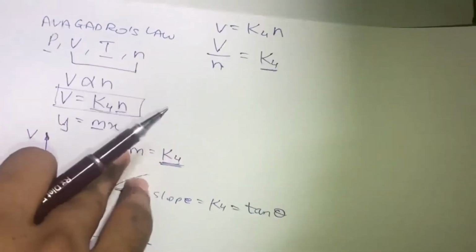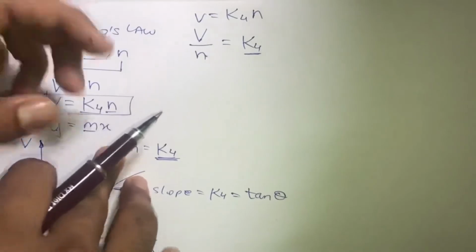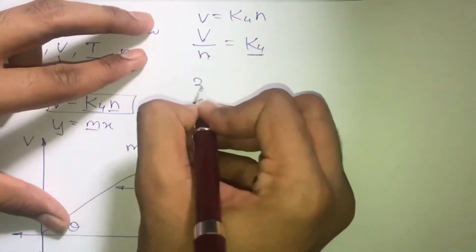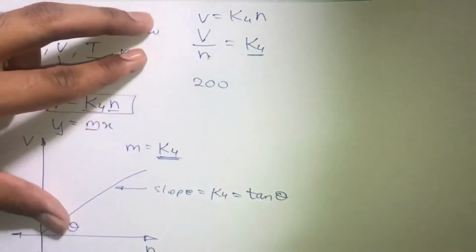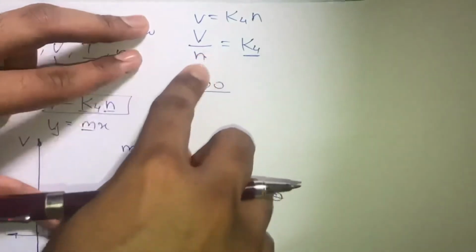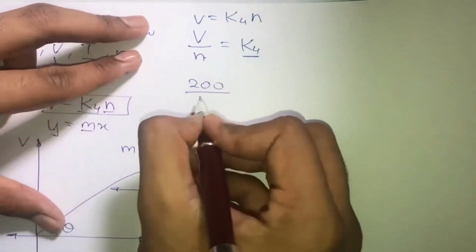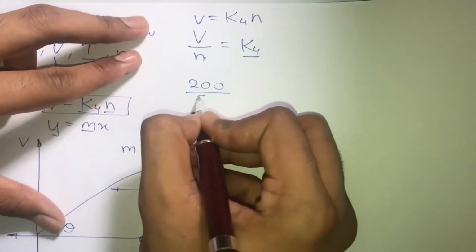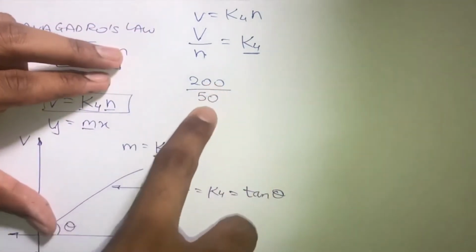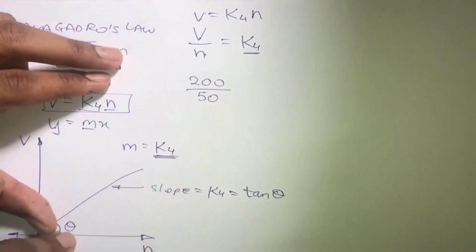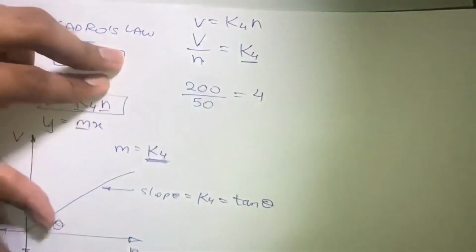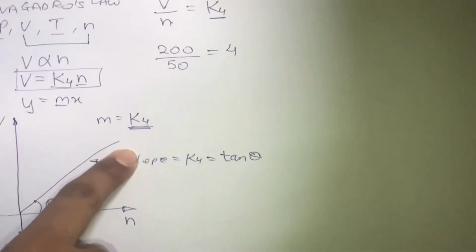For example, just for the sake of an example, let's say that the volume is 200 meter cube and the number of moles of gas are, let's say, 50. Okay, so inside 200 meter cube of volume, 50 moles of gas are present. So obviously 200 upon 50 is going to give you 4. Is this correct?